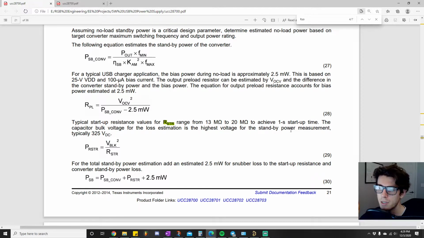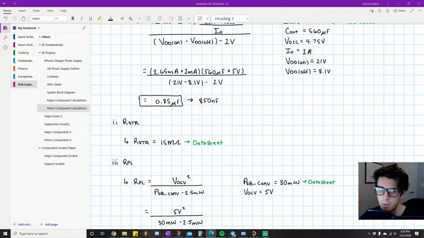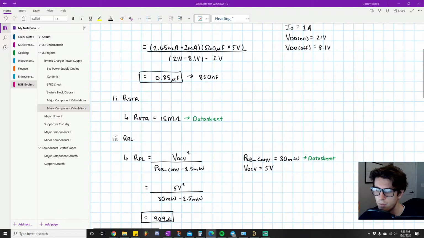So I just took it and ran with it. I said, okay, we want our startup time to be 1 second, and so I picked a value of about 15 megaohms, right in the middle. It's pretty straightforward with that one.